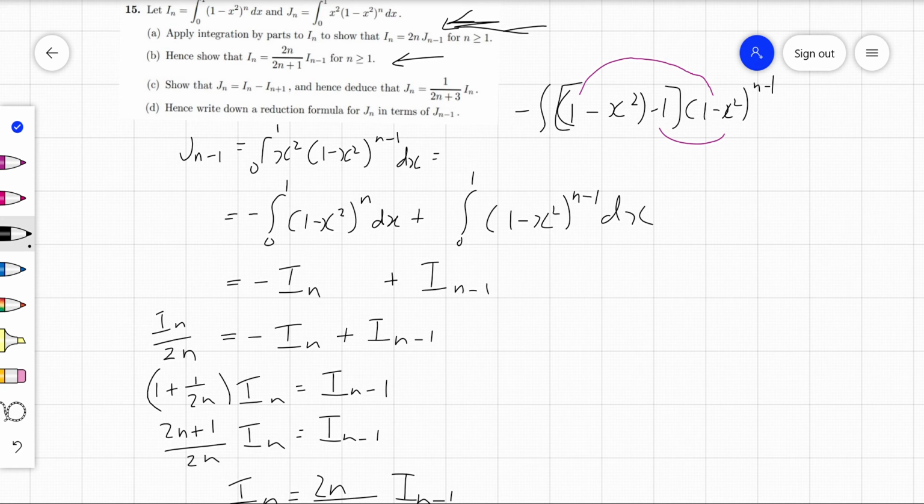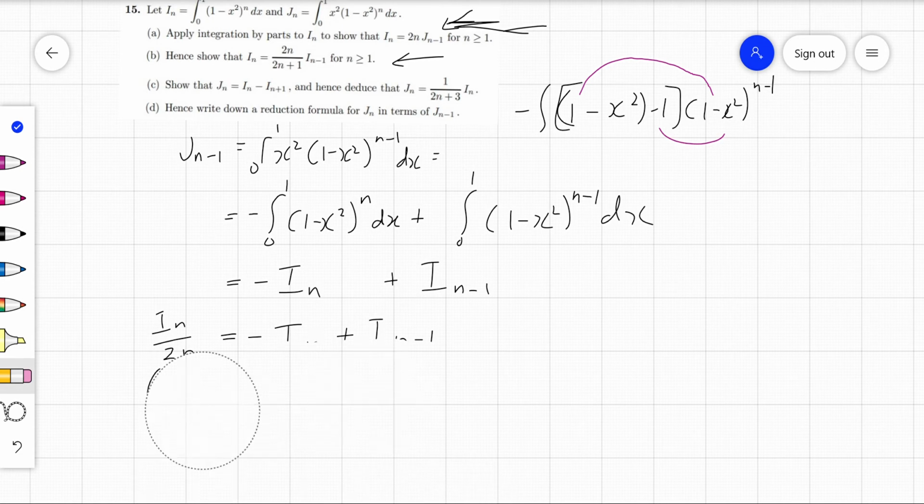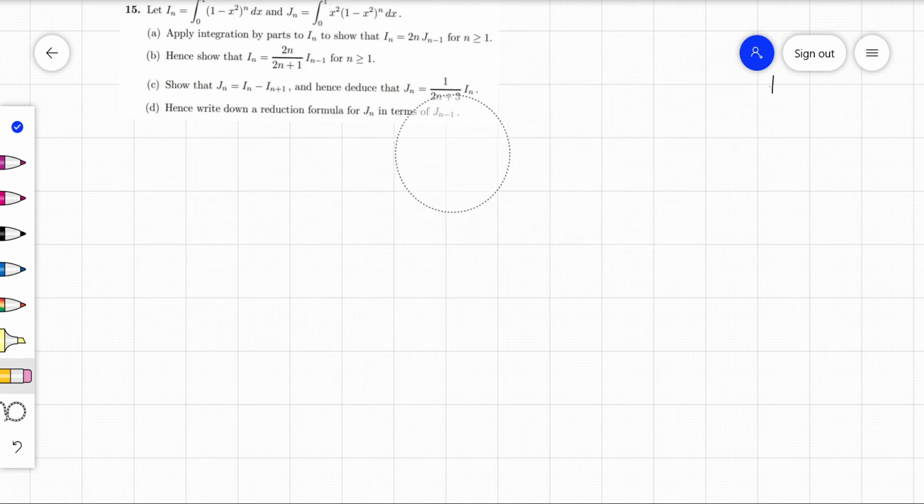So let's go to C. From what we've just done, from B, we know that Jn minus 1 is equal to minus In plus In minus 1.